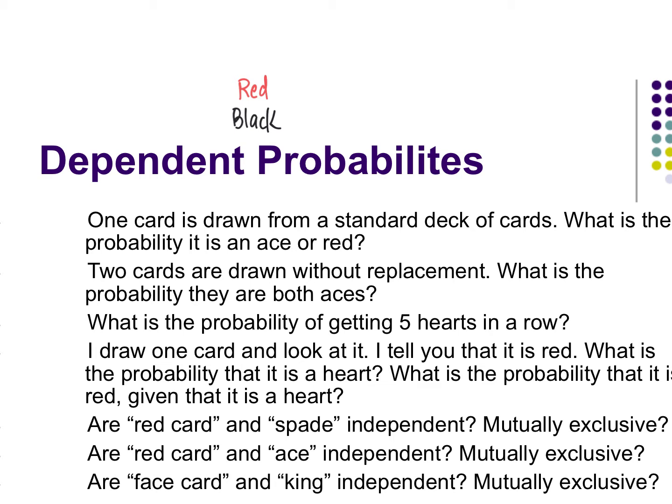The red suits are the diamond and the heart. The black suits are the club and the spade. This is a club and a spade. Obviously a heart and diamond.